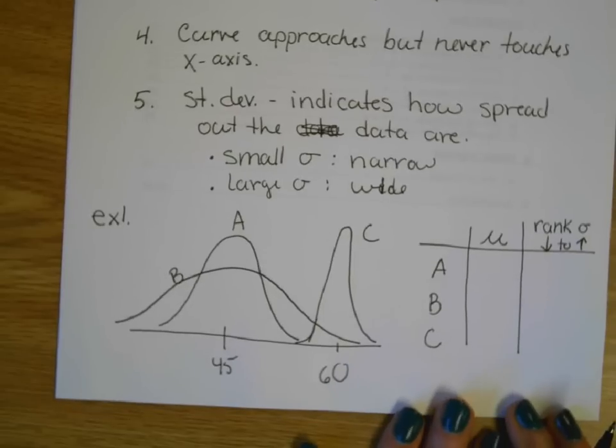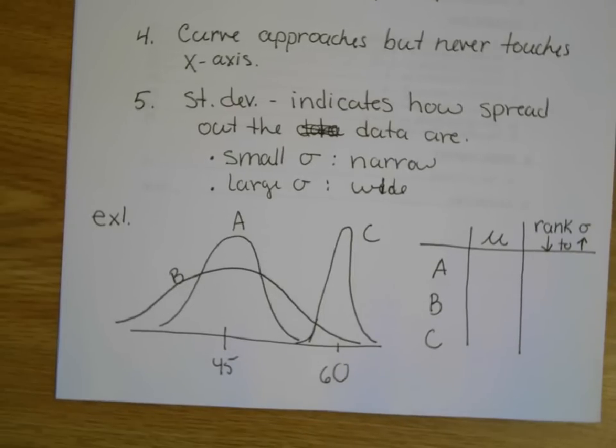So what I want you to be able to do with these three graphs is tell me what the mean of each graph is, and then after that I want you to be able to rank the standard deviations from the smallest standard deviation to the highest standard deviation based on the shapes that are here.